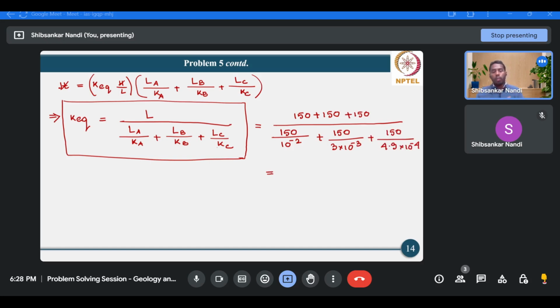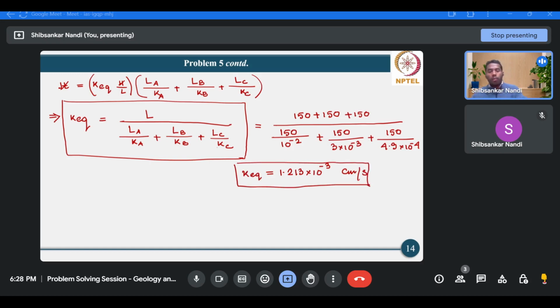So if you calculate, then this would be 450 divided by 150 by 10 to the power minus 2 plus 150 by 3 into 10 to the power minus 3 plus 150 by 4.9 into 10 to the power minus 4. So that means 1.213 into 10 to the power minus 3 centimeter per second. So this is the equivalent hydraulic conductivity.